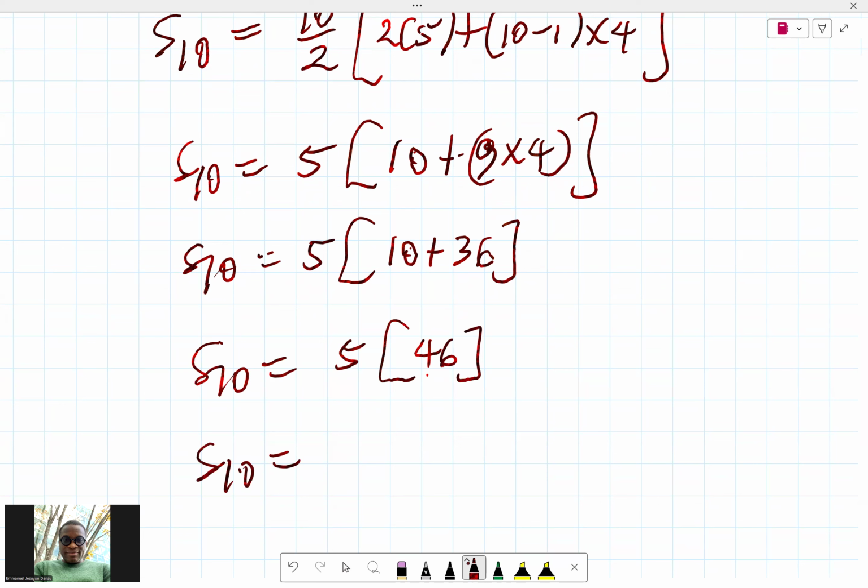Okay. So S10, 5 times 46. For mental math, we know, to multiply something by 5, multiply it by 10 and divide by 2. So 5 times 46 is 46 times 10. That's 460 divided by 2, that is 230.